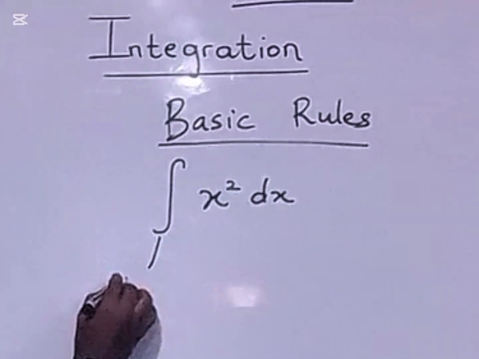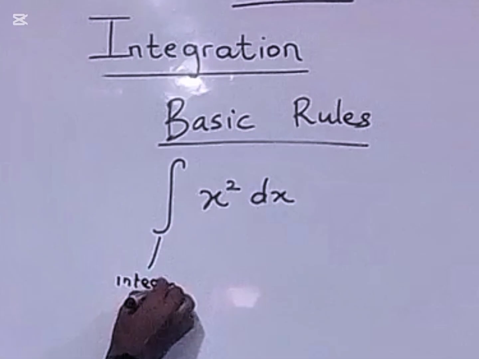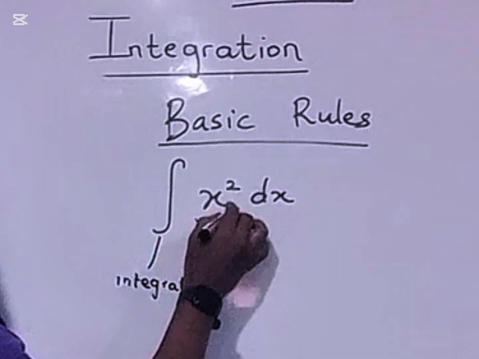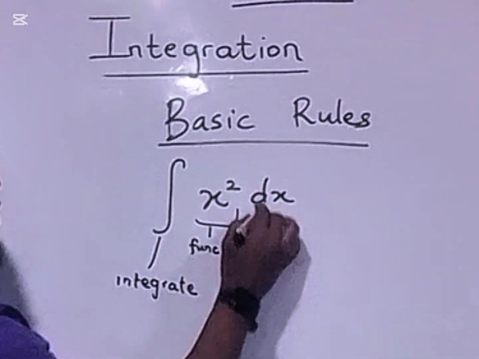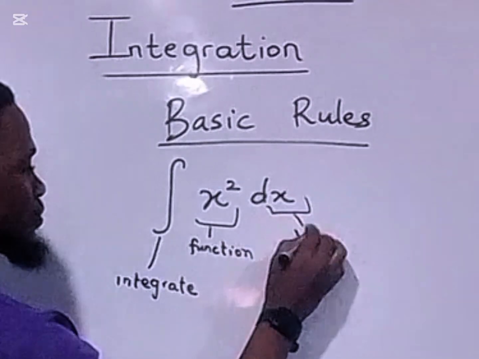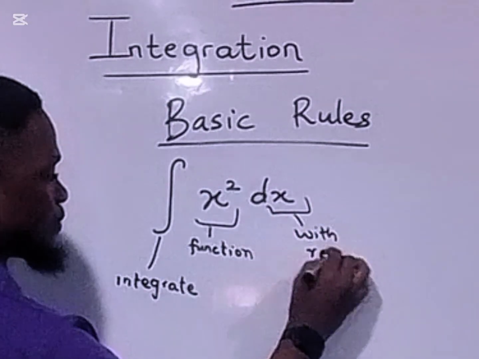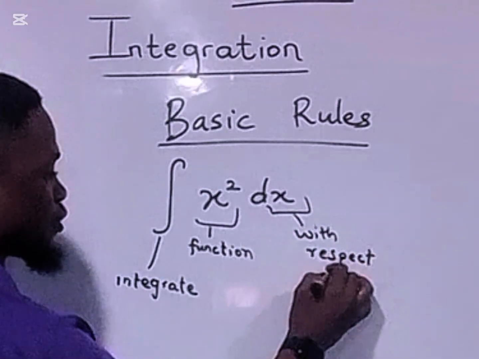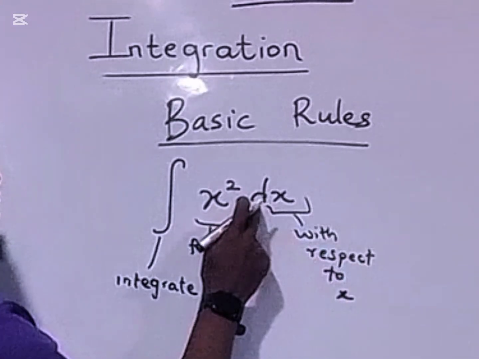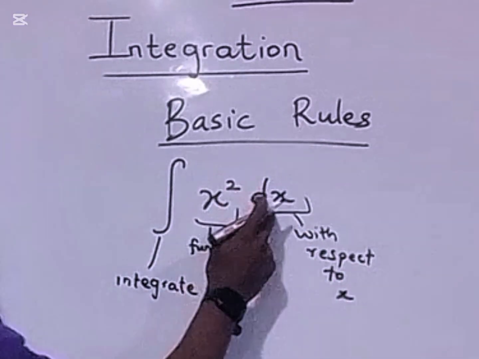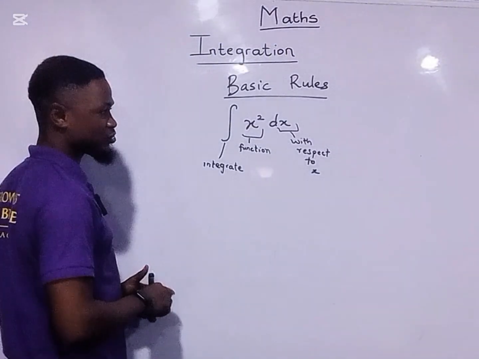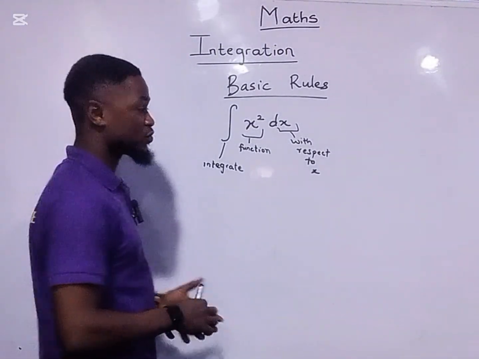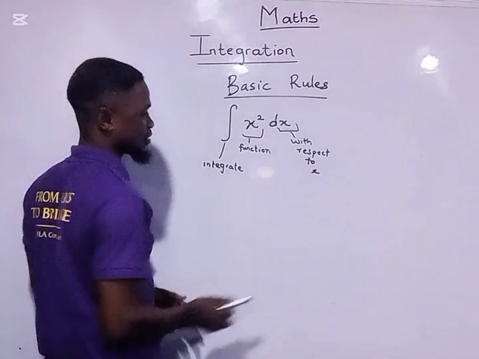So this is the symbol of integration. I'm telling you to integrate whatever this is with respect to x. If I say a, it's with respect to a; if I say b, with respect to b; y, with respect to y, and so on. So this is with respect to x.